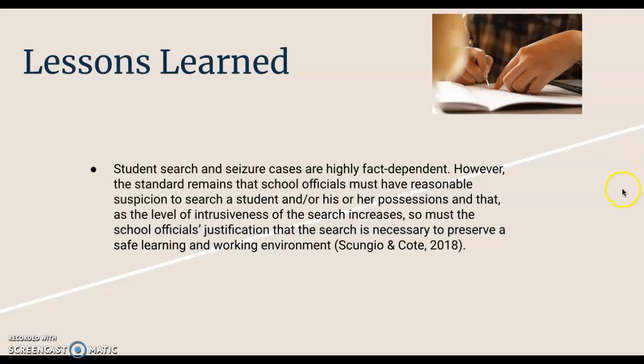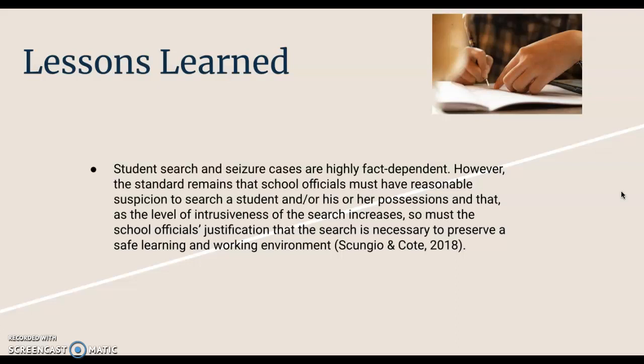So some of the lessons that we can learn from these court cases are that students' search and seizure cases are highly fact dependent, so it varies from case to case based on the evidence and facts in each case.